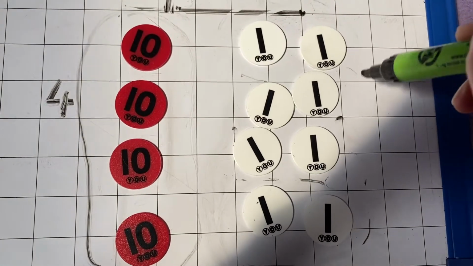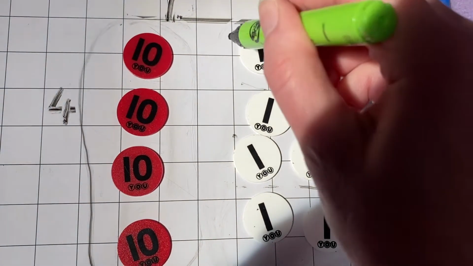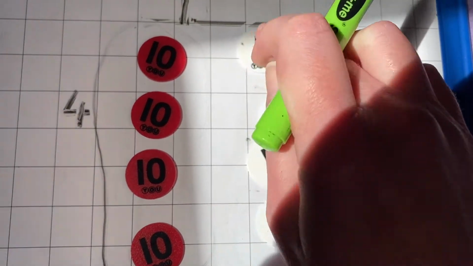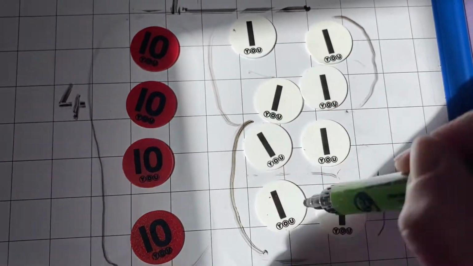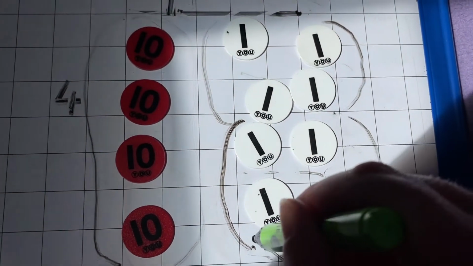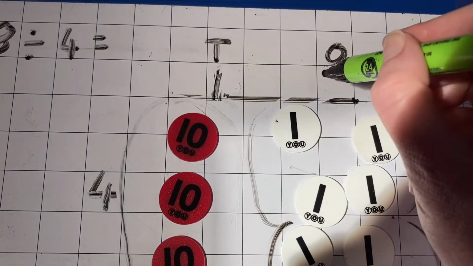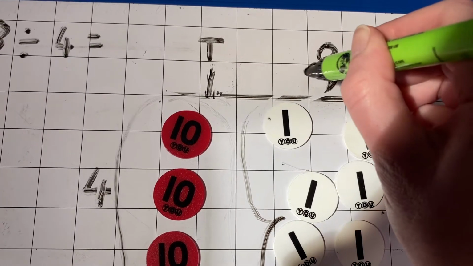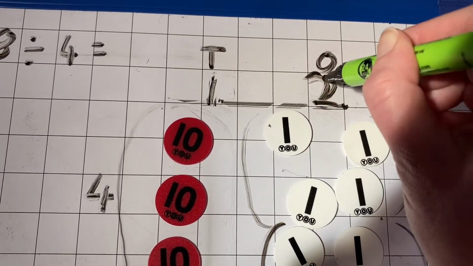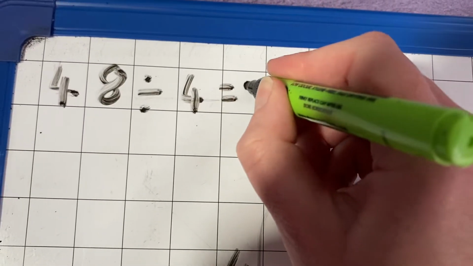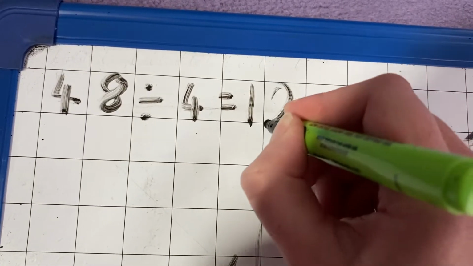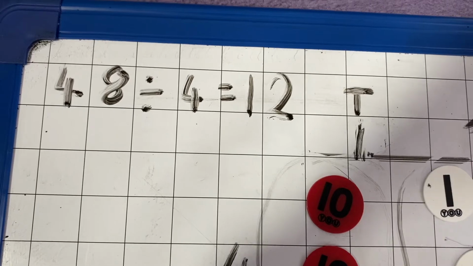Here I have 2 groups of 4. So I would put a 2 here. Therefore, my answer is 12. 48 divided by 4 is 12.